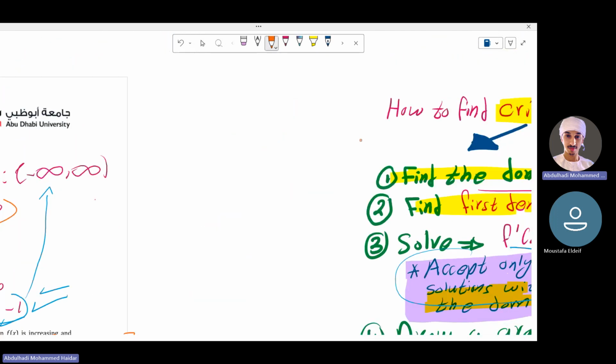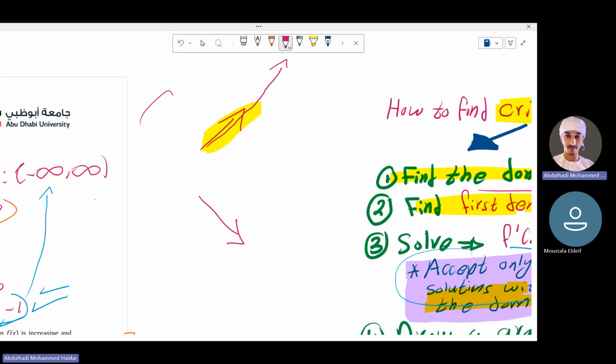If your graph has an arrow going upward, then officially you will never have an absolute maximum. And if you have an arrow going downward, you will never have an absolute minimum. Why? Because if you have an arrow going upward, you will not have an absolute maximum because it will always be going up, up, up, up.